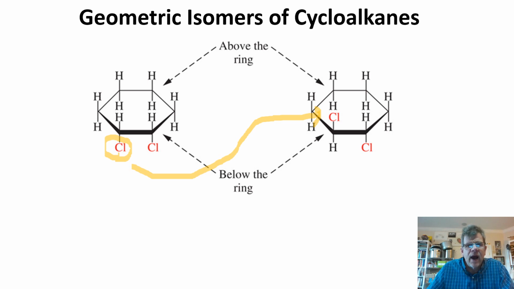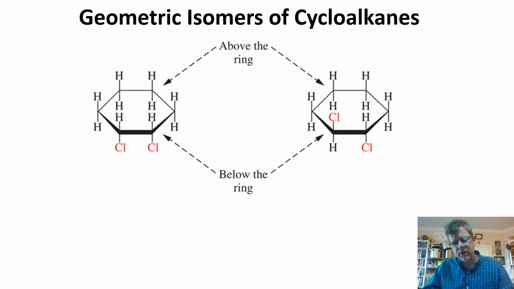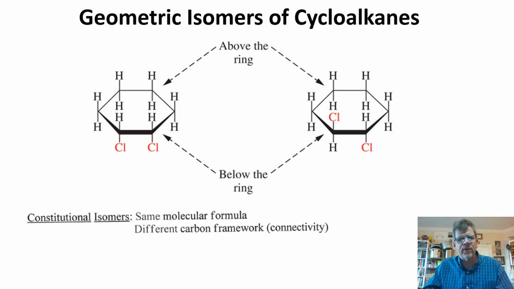So what I'm showing you are 2 different compounds, but they seem like they're identical, don't they? They're not constitutional isomers of one another. Constitutional isomers were different compounds, but were related because they had the same molecular formula, but different connectivity.